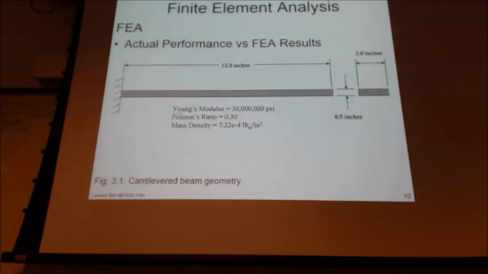Well, we're specifying a Young's modulus of 30,000 on this particular piece of material, but if you do enough checking, you can find that the modulus of elasticity for steel can vary 13.8%. So that's 29 times 10 to the 6th to 33 times 10 to the 6th. So depending on which piece of material you have in the field versus what you modeled in FEA, you're going to get a 13% difference.